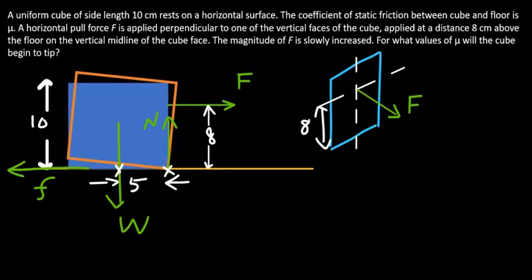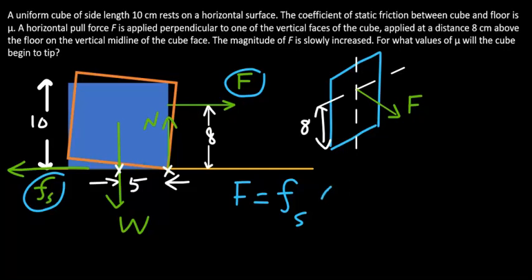As it's about to tip, of course, this force must be the same as that. So F equals the static friction. As we know, the static friction is given in terms of an inequality, which says it is less than or equal to the coefficient of static friction times the normal force.